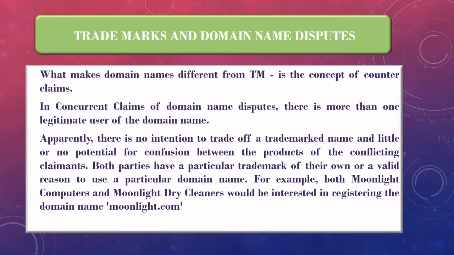Apparently, there is no intention to trade off a trademark name and little or no potential for confusion between the products of the conflicting claimants. Both parties have a particular trademark of their own or a valid reason to use a particular domain name. For example, Moonlight Computers and Moonlight Dry Cleaners would be interested in registering the domain name moonlight.com.